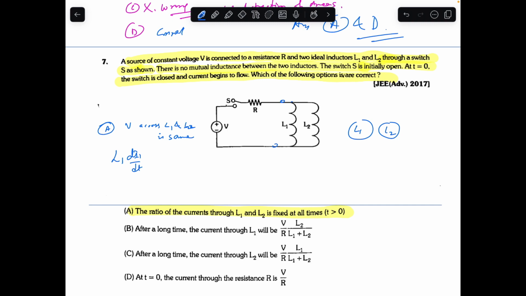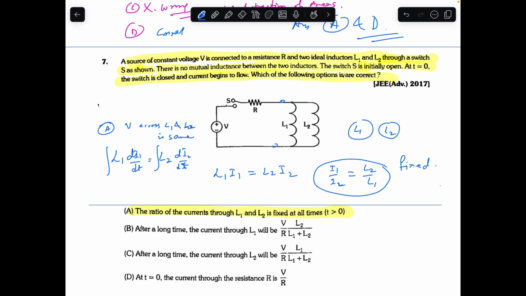L1 di1 by dt equals L2 di2 by dt. If I just integrate it, L1 I1 equals L2 I2. So I1 by I2 is L2 by L1, which is fixed. So option A is correct.